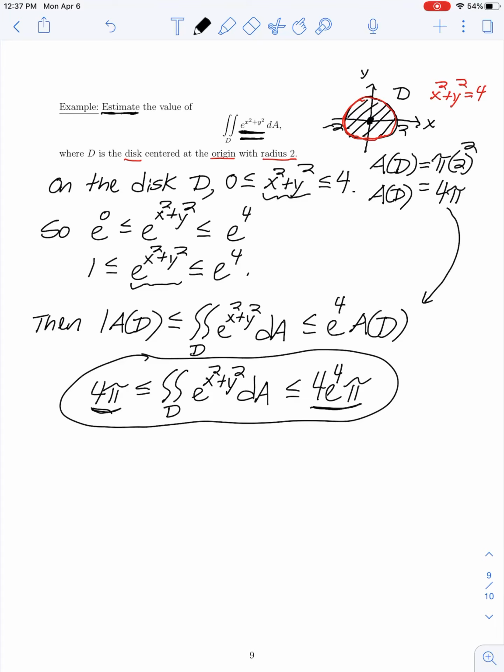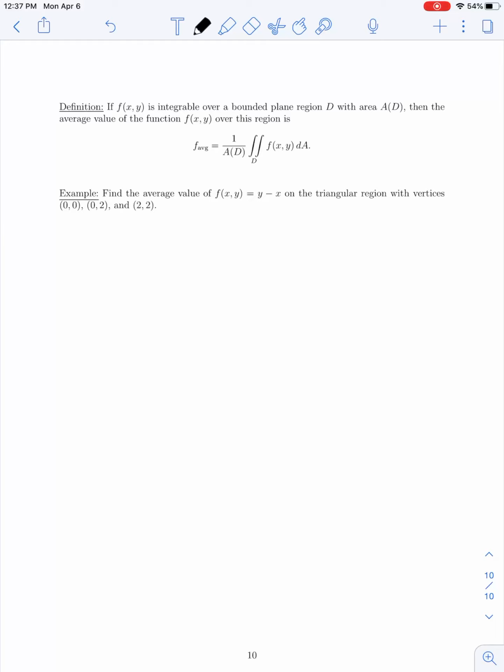Now in the last part of this section, we will talk about finding the average value of a function of two variables if we restrict ourselves to some bounded plane region D. So here we will define the average value of such a function.